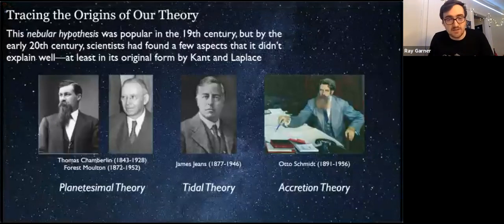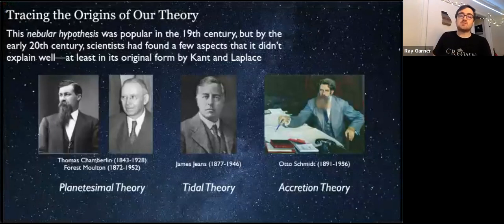Here's just a selection of them. So we have the Planetesimal theory by Thomas Chamberlain and Forrest Moulton. I think Chamberlain was actually a geologist. Tidal theory by James Jeans, who's done a lot of other work in astronomy, and accretion theory by Otto Schmidt.